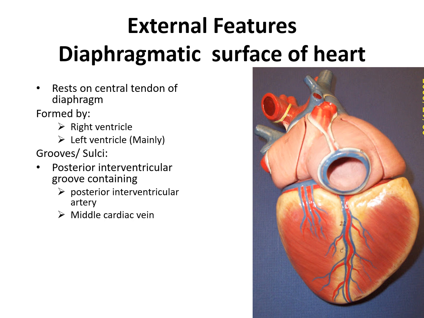And there is a small groove seen almost in the center, which is called the interventricular groove. Now this is the posterior aspect of the interventricular groove, and this is called the posterior interventricular groove, which contains the posterior interventricular artery, seen with the red color, and the middle cardiac vein. The posterior interventricular artery is most of the time a branch of the right coronary artery.